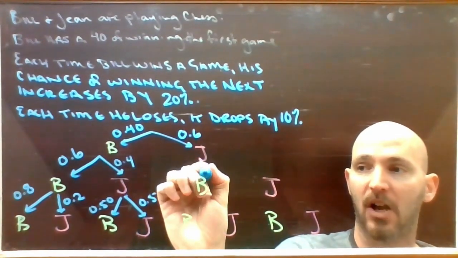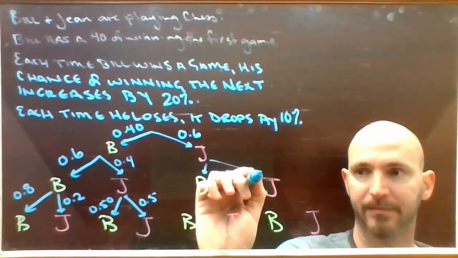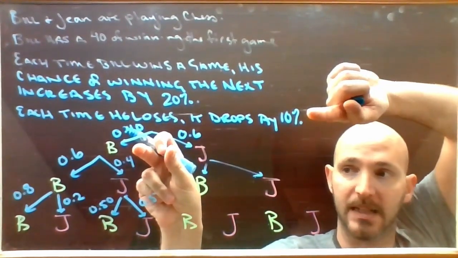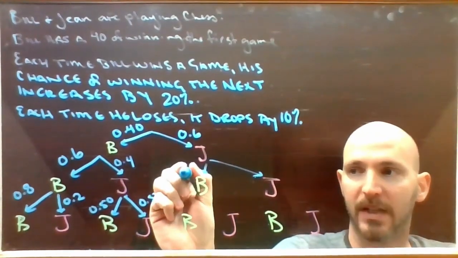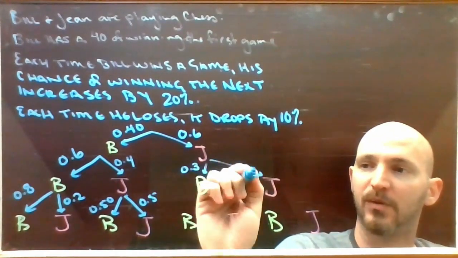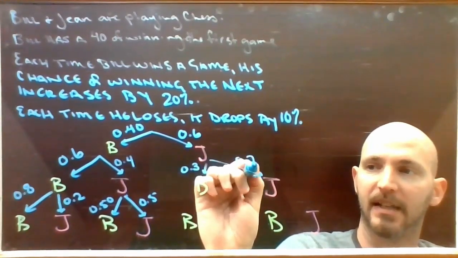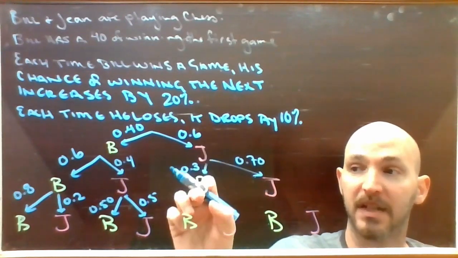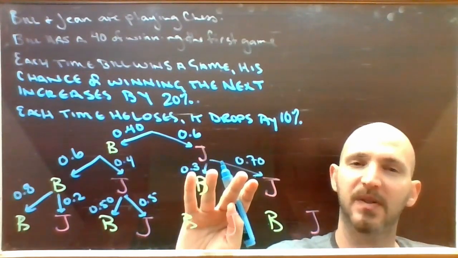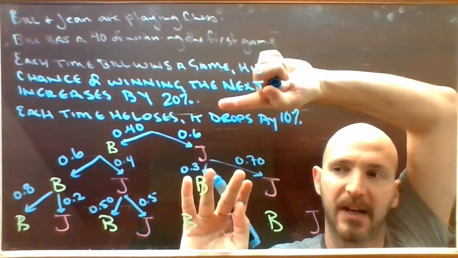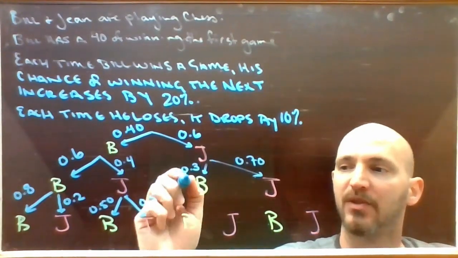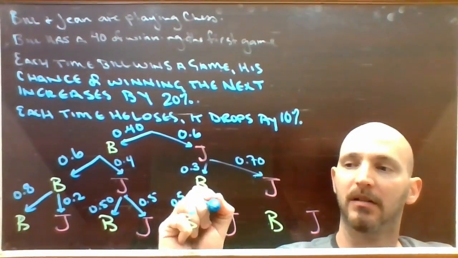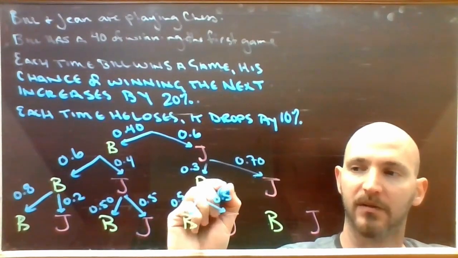If Bill has lost a game because Gene has won, his original chance of winning, 40%, must be decreased by 10. So instead of 40, he has only a 30% chance now, which means that Gene has a 70% shot. On this branch, though, Bill did win that game, so he had a 30% chance before, which should increase by 20 because he won. 30 and 20 would be a 50% chance, leaving 50% for Gene.